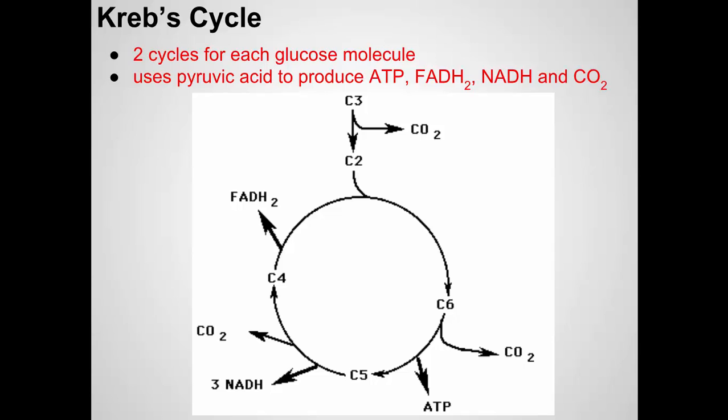Loses another carbon dioxide, turns into a 4 carbon molecule. In the process, producing some NADH. Okay? That 4 carbon molecule can then be ready to recombine here and start this cycle over again. And so we have this repeating cycle with these pyruvic acid molecules being slowly broken down, producing the products.